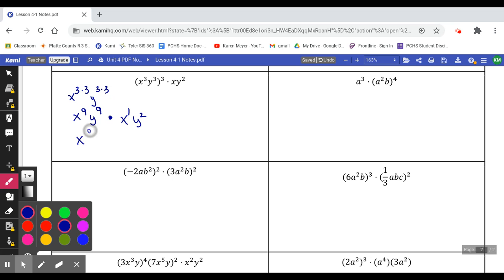So for x, you would take 9 plus 1, which would give me x to the 10th power. And for y, you take 9 plus 2, which would give you y to the 11th power. Okay, you pause the video and go try the one straight across from it.